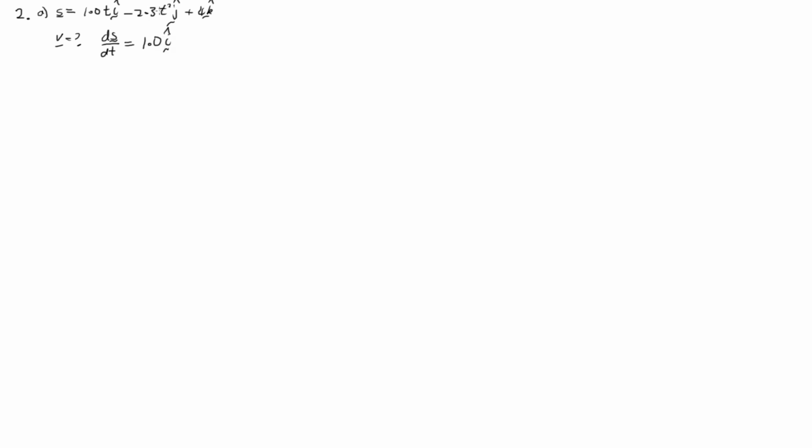When we differentiate minus 2.3 t squared, we end up with 2 times minus 2.3, which is minus 4.6, and then this becomes a t instead of a t squared, and that's in the j direction. And then we've got 4k, that's just a constant, so when we differentiate that, that becomes 0. So this is our expression for the velocity.